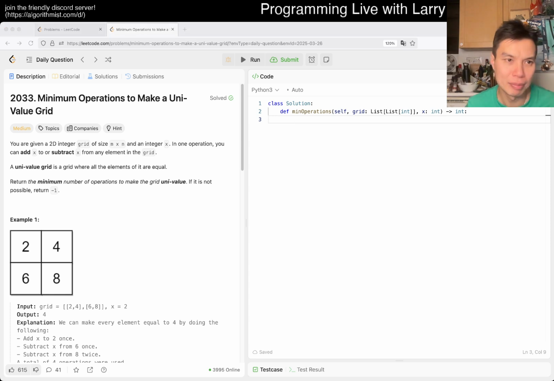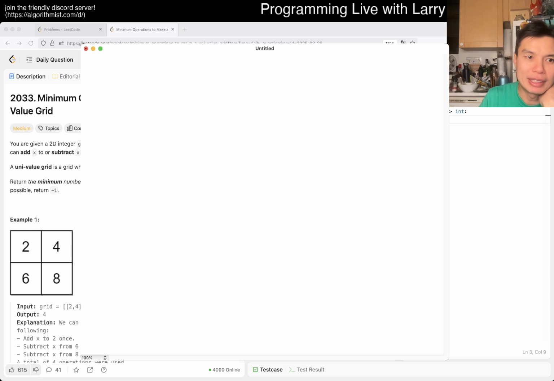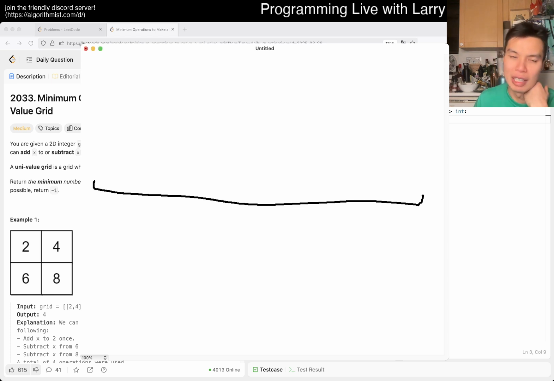I am pulling up my drawing board real quick to show you why the median works. So I'm just going to draw an array. I'm too lazy to draw a matrix. Let's say you have a number line, and you have numbers to the left and to the right.